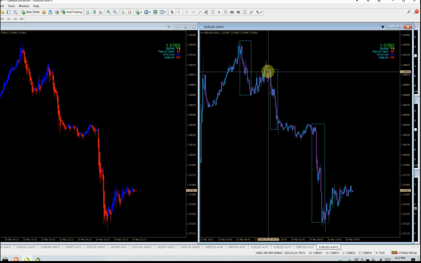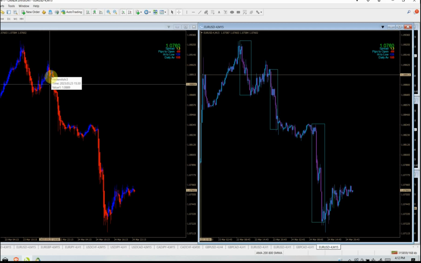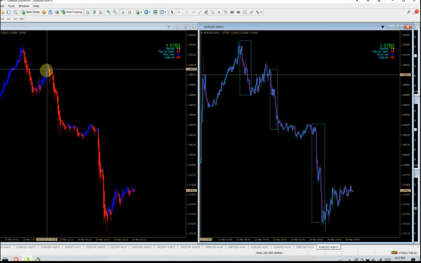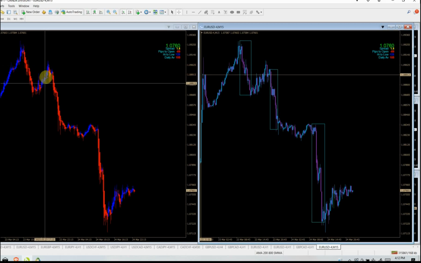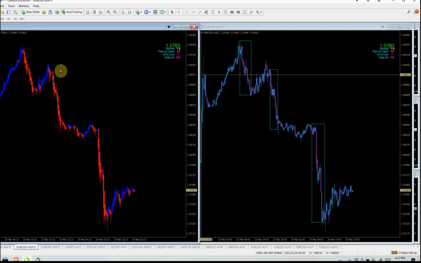Now, if your bias is to the downside, then you're going to be waiting for a move to confirm back down. On the Heiken Ashi chart, you can see it was blue all the way up, so there wouldn't have been any entry to get back short on this pair until at least in here. Now, where you choose to get in after that is your decision. Some people want to see a structure break, or you might wait until it breaks below here.